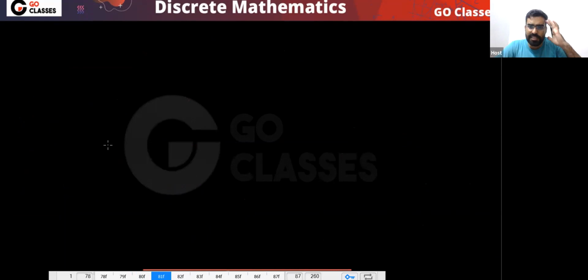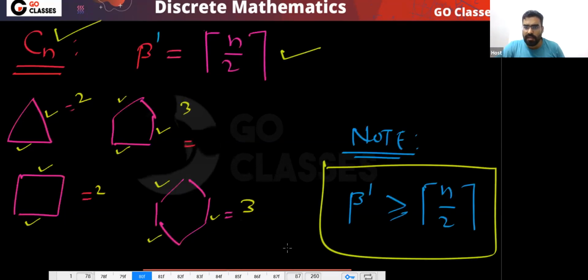Did you understand that the minimum edge cover is greater than or equal to ceil of n by 2? Because one edge can cover only 2 vertices. So if you want to cover all the vertices, at least these many edges are needed.